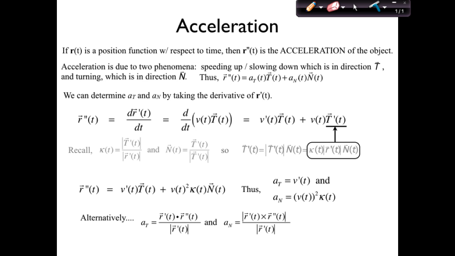So the big takeaway here is the second derivative of a position function is the acceleration, and that is broken into two components: acceleration due to speeding up and slowing down, that's the tangential acceleration, and acceleration due to turning. That's the acceleration in the direction of the unit normal vector.